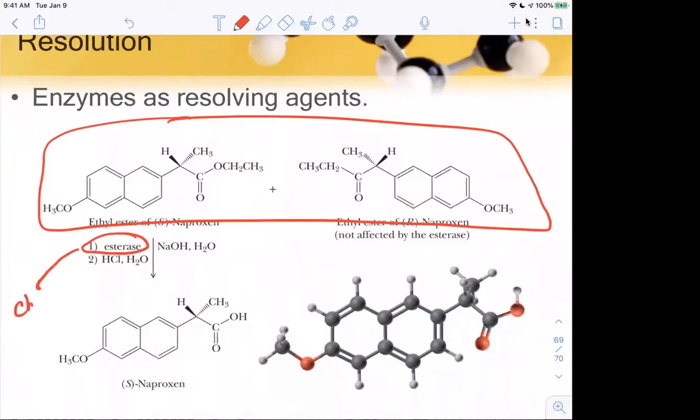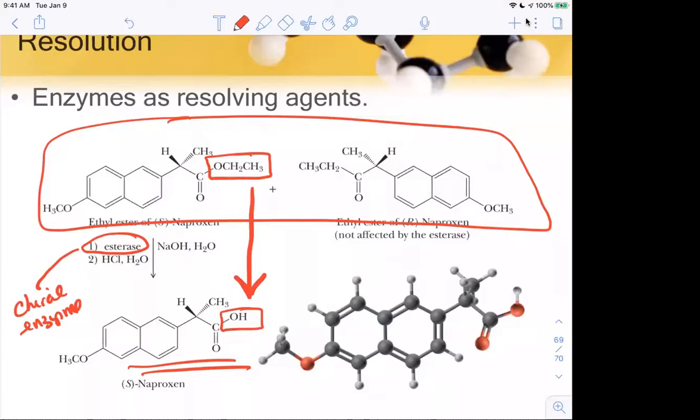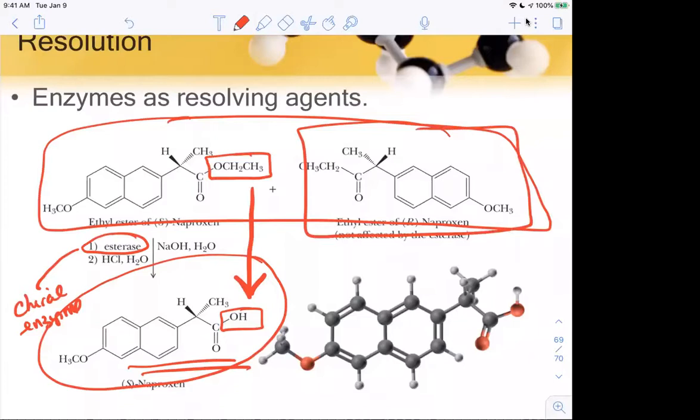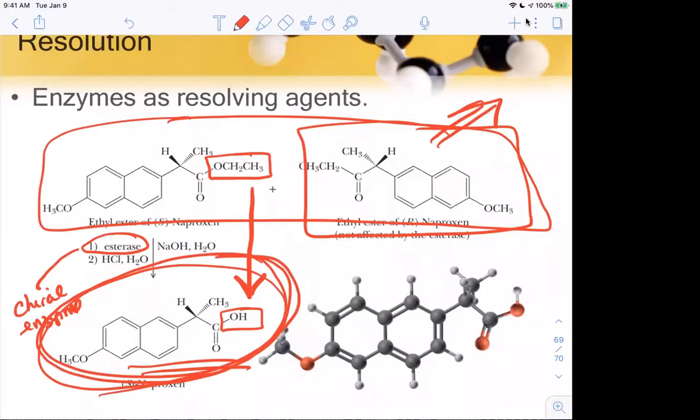This is a chiral enzyme. It will only react with one of those isomers. So this is a hydrolase. It actually turns that ester into a carboxylic acid. This is what comes out of that enzymatic reaction. This is a different molecule. This stays the same. And now I can just get rid of this using physical means, and I keep this guy, and I use that in my drug format.